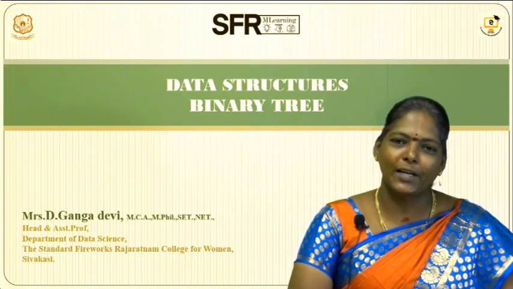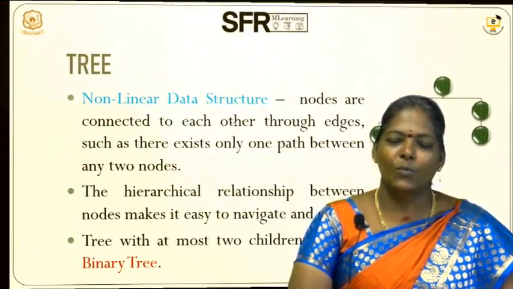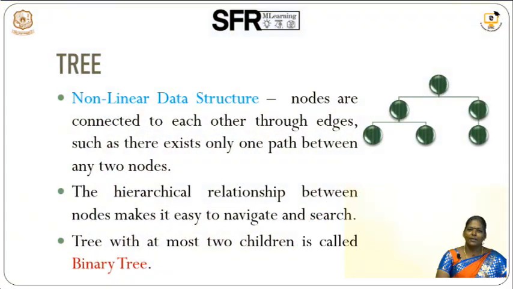In this tutorial, we are going to see the next data structure, binary tree. So, what is a binary tree? It is a non-linear data structure. Till now we have seen the linear data structures, but this is non-linear, because here the data are stored as nodes and they are connected to each other through edges, and there is only one path between any two nodes.